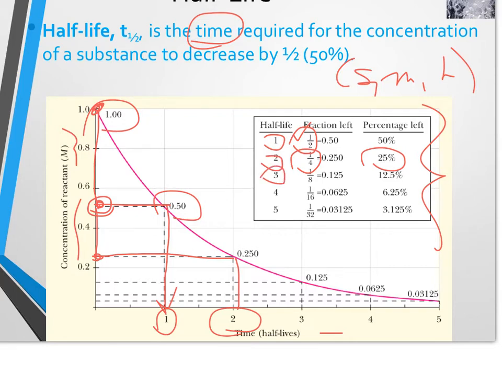After the third half-life, 1/8 is left, or 12.5%. This will come in handy when you're doing some of the math problems involved with radioactive decay. Just realize this sequence: you just keep dividing by half. If you start with 100%, after one half-life it's 50, then divide 50 in half, 25, divide 25 in half, 12.5, etc.